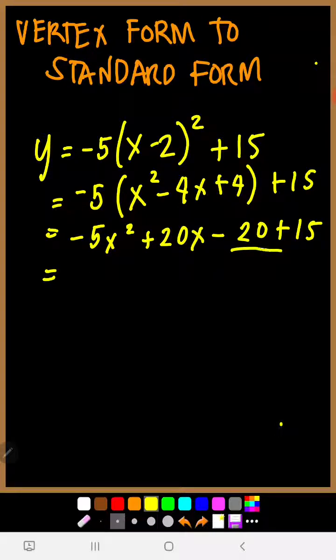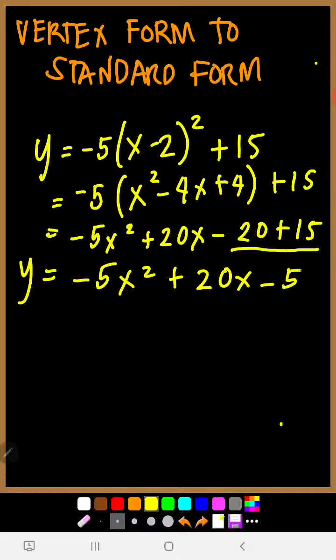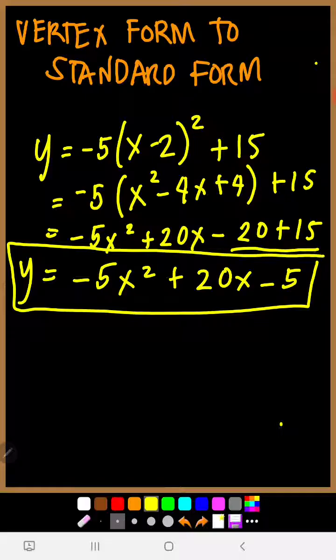So, combine the two last terms. Our standard form is y is equals to negative 5x squared plus 20x minus 5. So, the standard form of y is equals to negative 5 times quantity x minus 2 squared plus 15 is y is equals to negative 5x squared plus 20x minus 5.